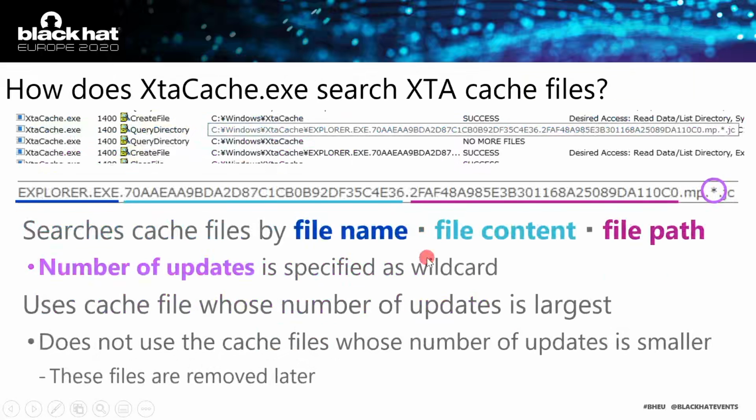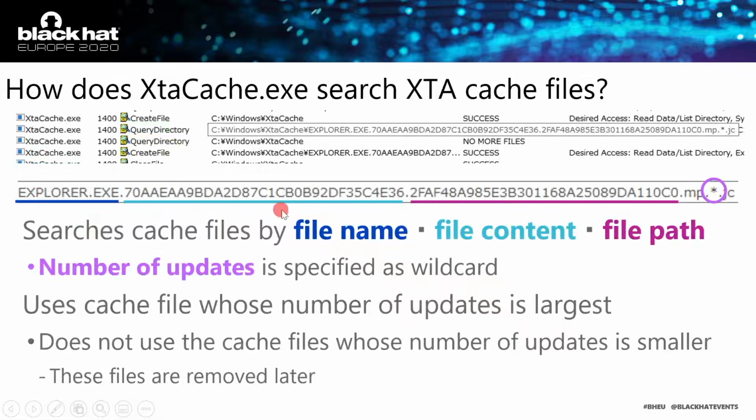How does the XT cache service search XT cache files? To do this, the service makes the string for searching. It first calculates the hash value by file content and file path, then combines these results with the name of the executable. The number of updates is specified as a wildcard.